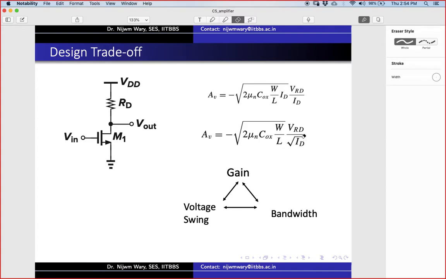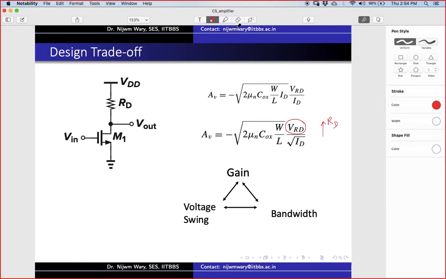But of course, if I am decreasing ID, I need to increase RD to keep the voltage drop constant. So to increase the gain I have to increase my RD.